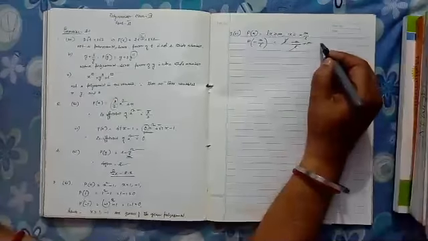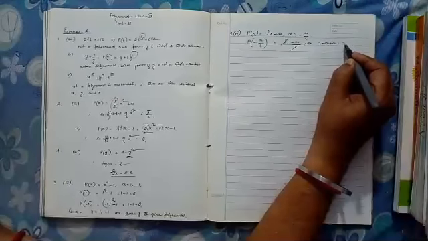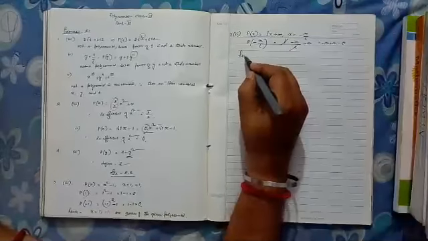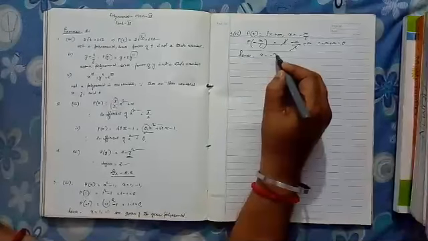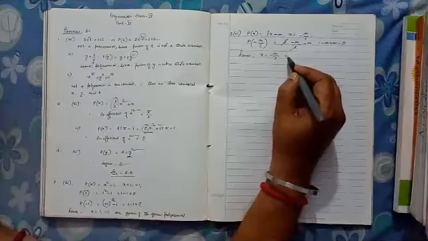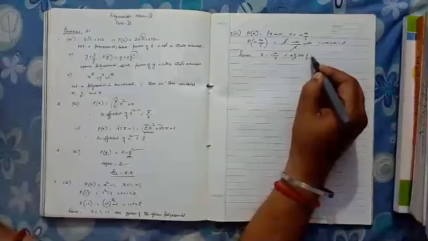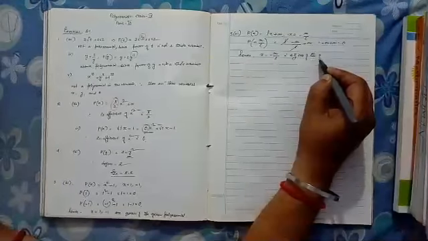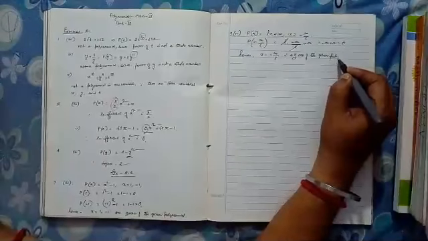L, L cancelled. There is minus m plus m. That is equal to 0. Hence, x is equal to minus m by L is a 0 of the given polynomial.